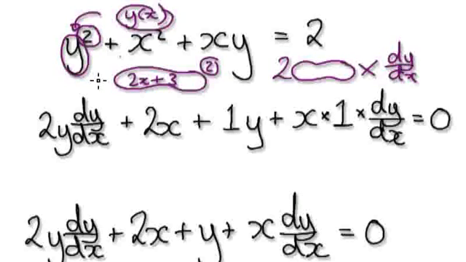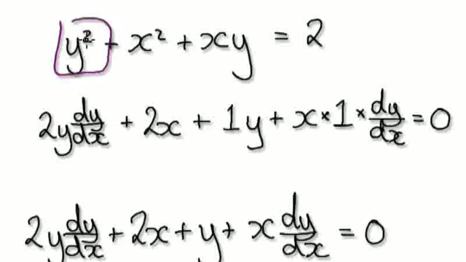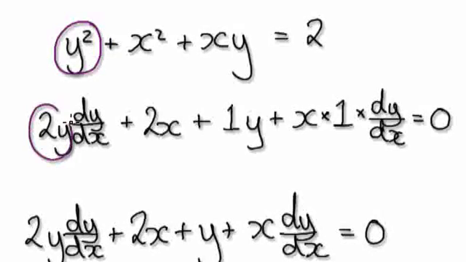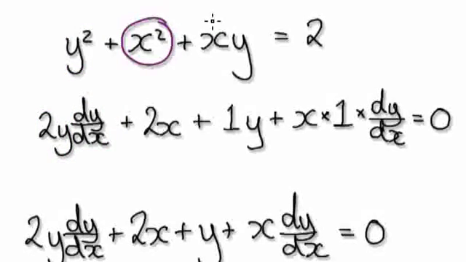My point is that when you differentiate this, you differentiate it as normal, which is 2y, but because y is a function of x, it contains x, so you've got to times by dy by dx. Now differentiate this here. x is just on its own. It's not a function of anything.